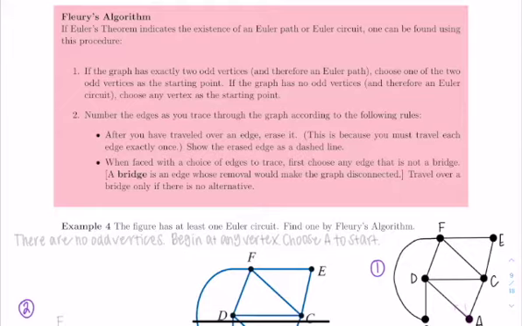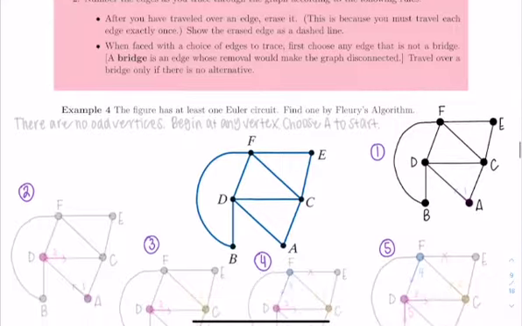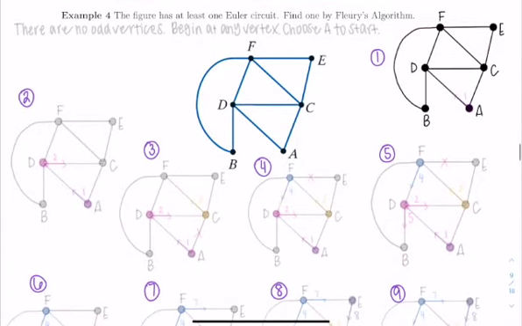So this figure has at least one Euler circuit, and we want to find it by using the algorithm we just talked about. The instructions tell us that this has an Euler circuit, which means there are no odd vertices in this graph. And we can begin at any vertex.